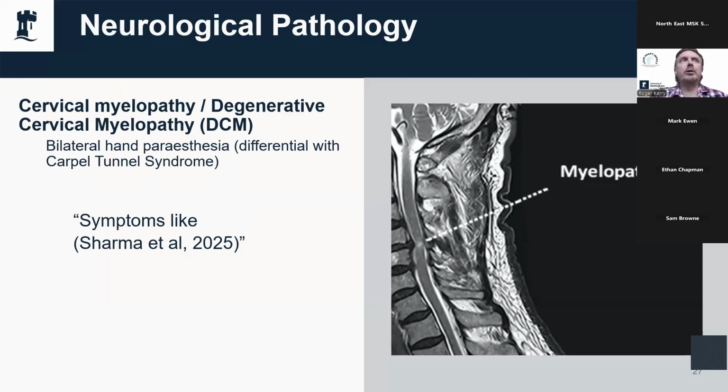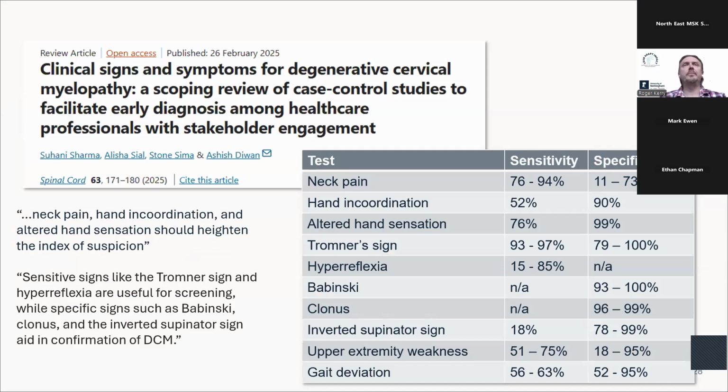Briefly now on to neurological pathology. This is more common territory for you. We have got clinical prediction rules. We've got ways of identifying or ruling out people with myelopathy. Just think about when there's bilateral hand dysesthesia. So again, can present with neck pain, bilateral distal symptoms in the upper limb, and there is a lovely scoping review recently published by Sharma et al.